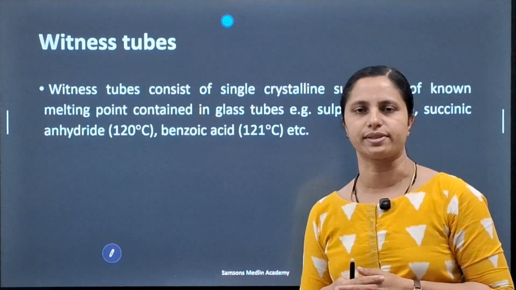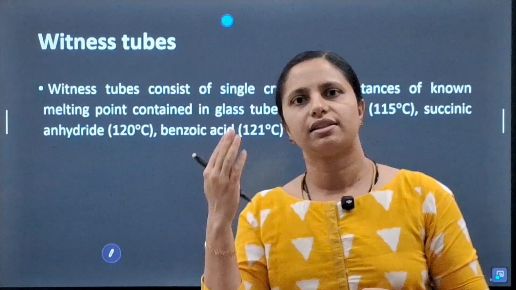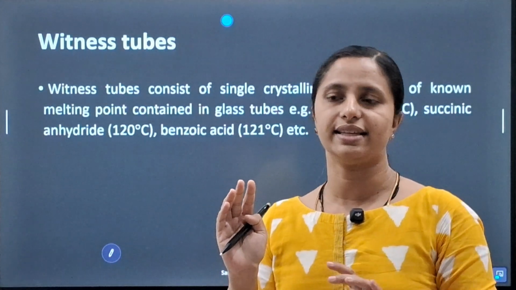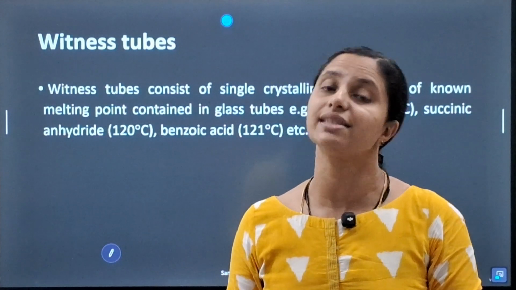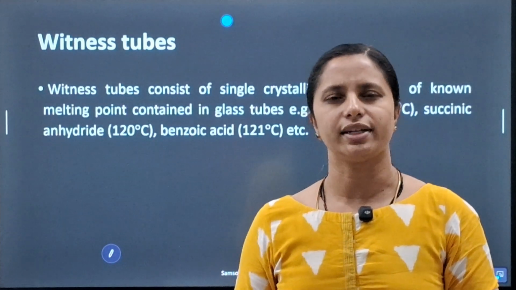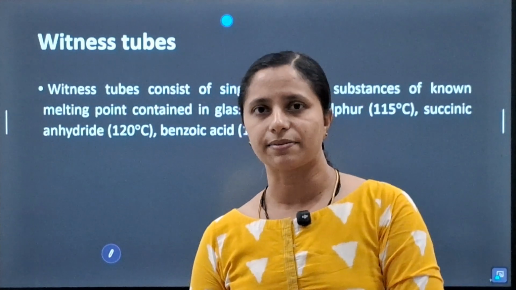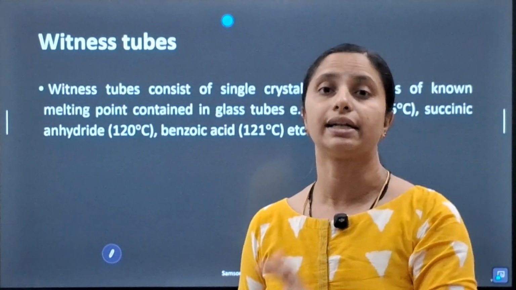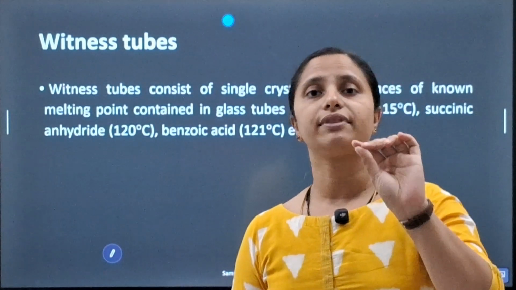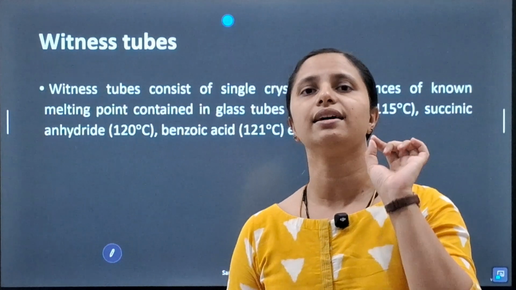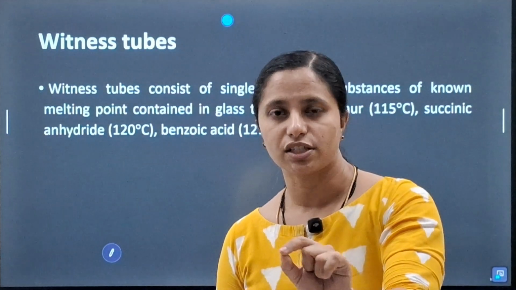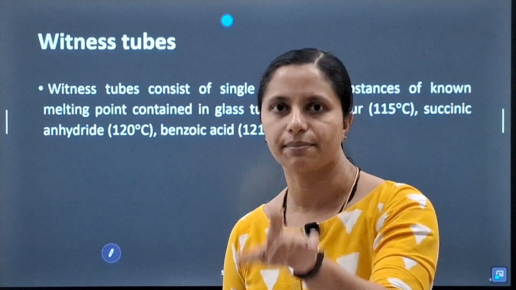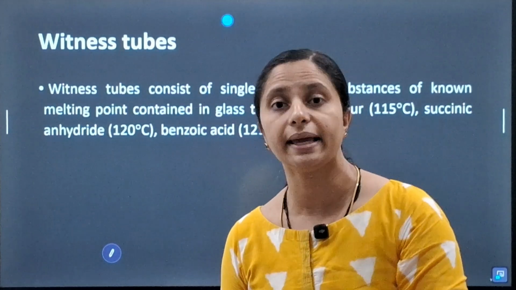So coming to witness tubes. We can remember it this way: as the name indicates, it is a witness, that is, a witness of what temperature is achieved in the sterilization process. It is nothing but a single crystalline substance, and it melts at its melting point. So if the melting point of this substance is the sterilization temperature of a particular sterilization process, it can witness that this temperature has been achieved by simply melting.